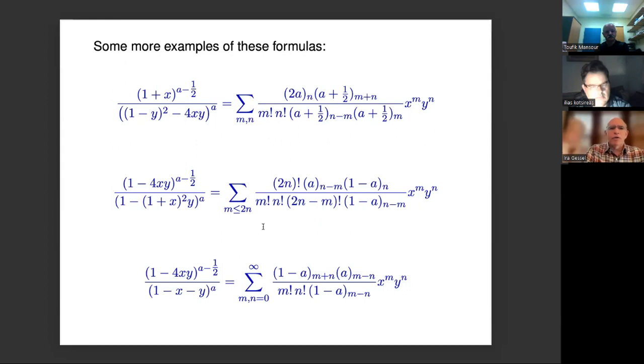They'll always give you integers, but it's easy to figure out what the sign is. So if you want to write them in terms of integer factorial ratios, you have to look at a few cases depending on, for example, whether n minus m here and here are positive or negative. But in all cases, you can write them as integer factorial ratios.